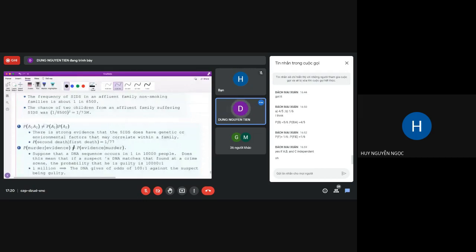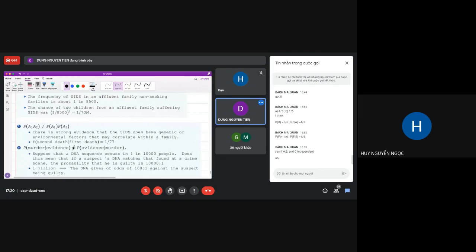However, this is wrong. If you want it this way, then you need to make sure that A1 and A2 are independent. However, there is strong evidence that sudden infant death syndrome does have genetic or environmental factors that may correlate within a family.